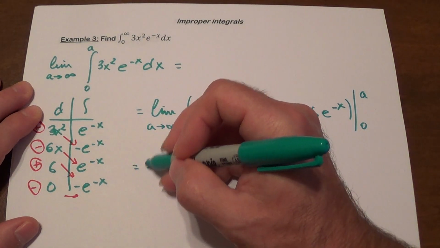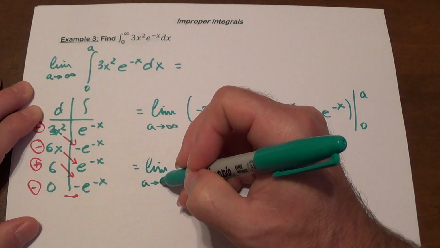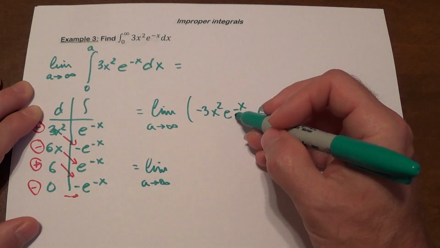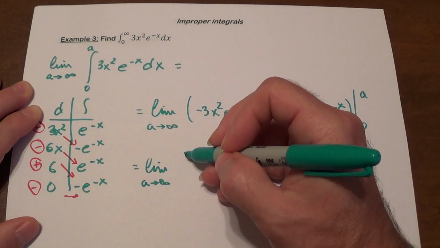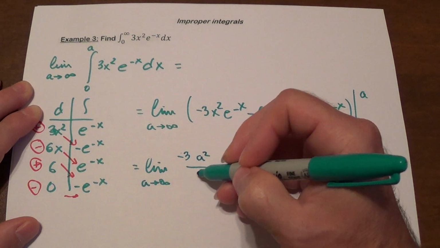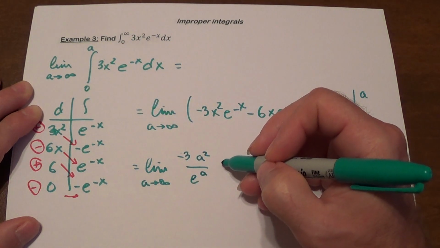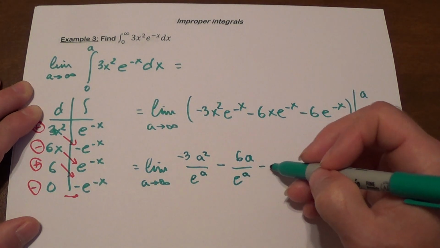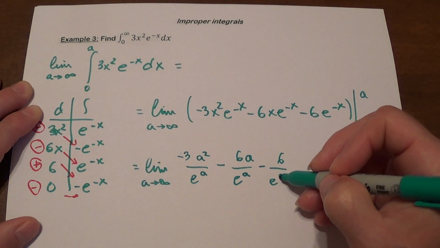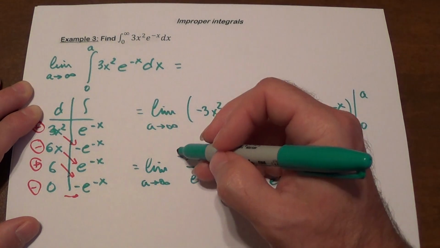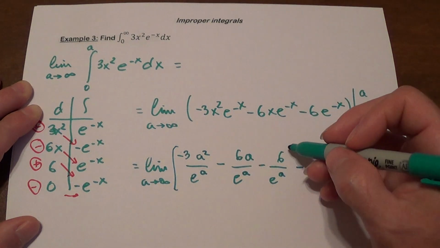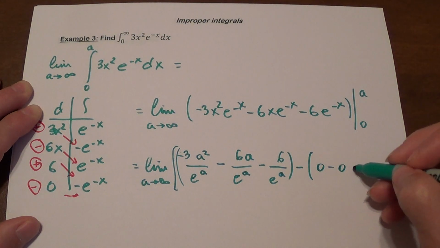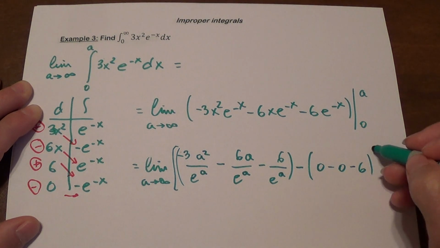So we substitute a, and I'm going to rewrite it a little bit differently when the negative exponents are on the bottom. There's going to be negative 3a squared over e to the a minus 6a over e to the a minus 6 over e to the a, and then minus, so that's for the first part when you substitute a, and then you substitute here, this is going to be 0 minus 0 minus 6.